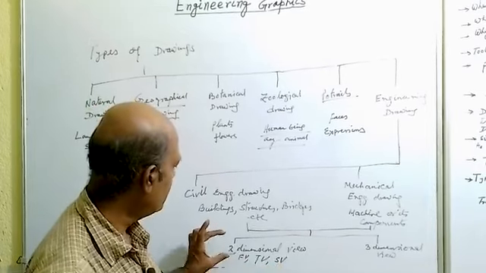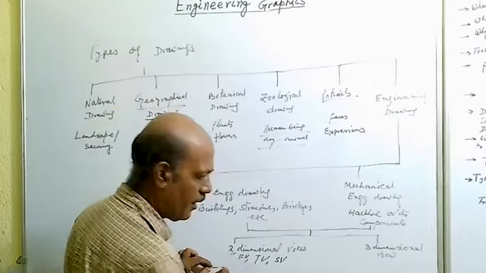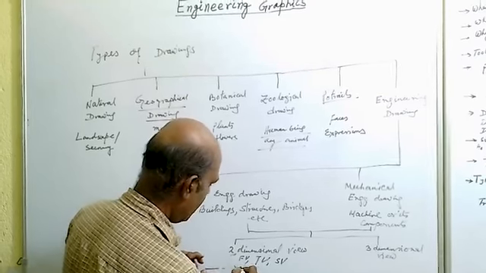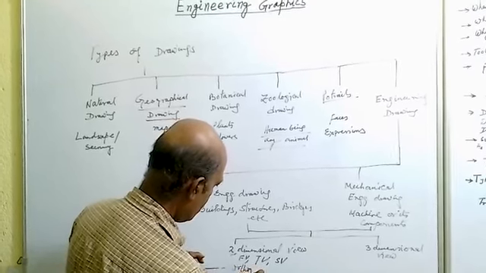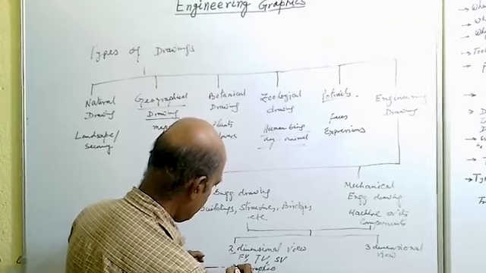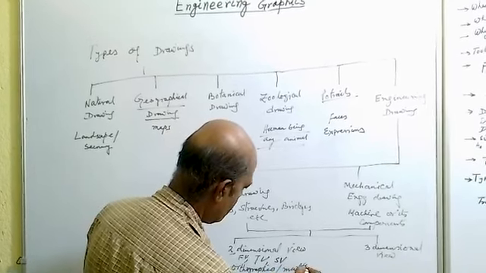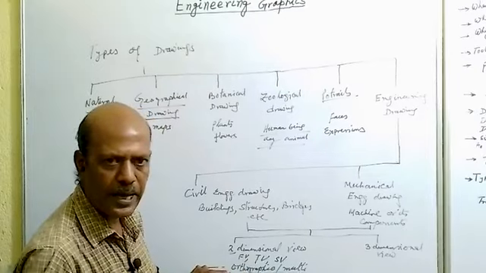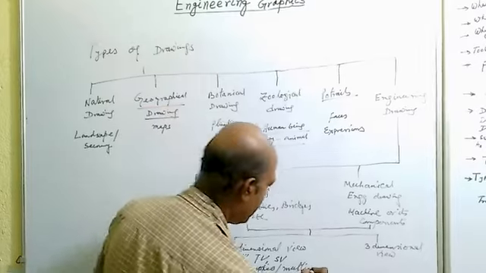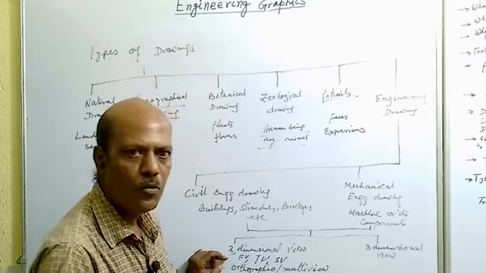That's why this drawing is called orthographic or multi-view drawing. Two-dimensional drawing is known as orthographic drawing, and also it is called multi-view drawing because the number of views required is more than one.